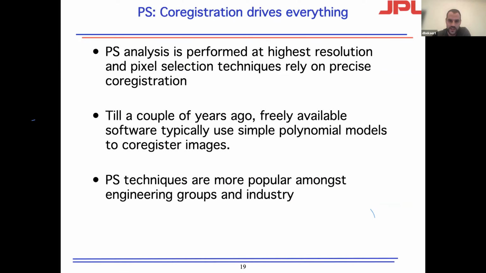And for the historic sensors, that might not always be as trivial to do, especially when you have large baselines and steep terrain, where the orbit vectors might not be as well constrained. This is pretty challenging to do. So I think historically PS techniques were definitely more popular with the engineering group, but with the current fleet of sensors where you can do co-registration almost only based on the orbits, for example for Sentinel, some of these challenges are going away.